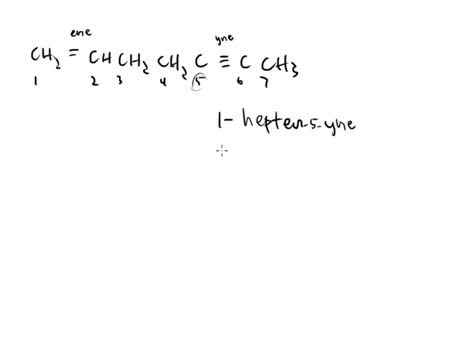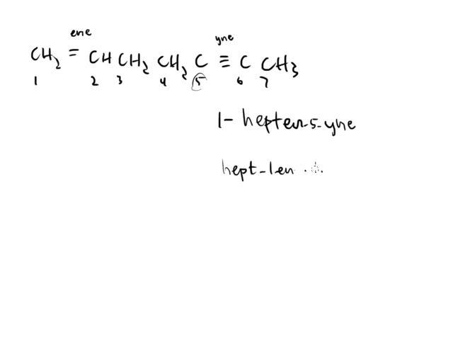Now, you are probably going to ask, is it okay then if I do hept-1-ene and then 5-yne, or hept-1-en-5-yne? The answer is yes. Those are okay too. Whatever. People do it a different way, multiple names to each molecule. That's perfectly fine.